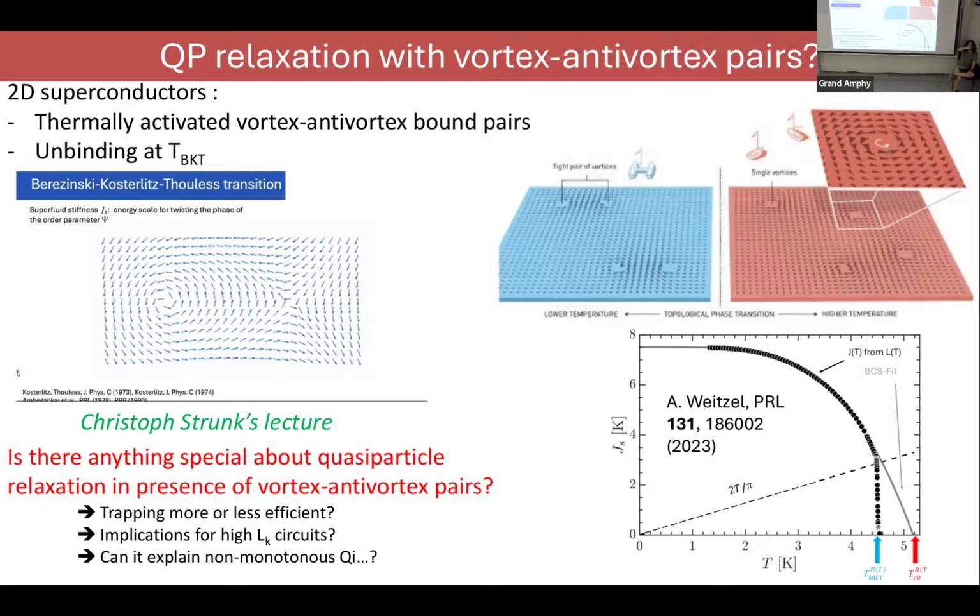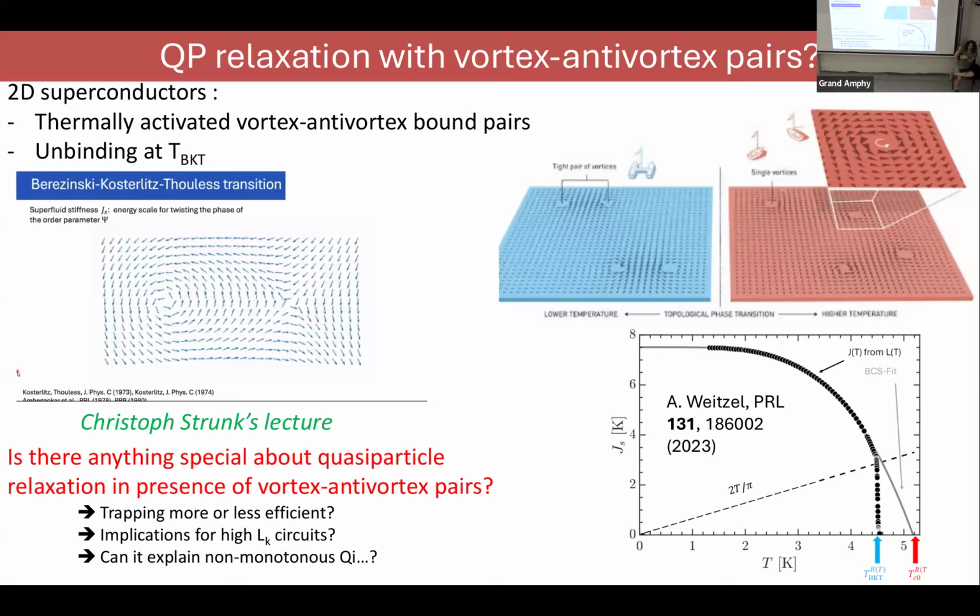But if the vortices can move and they unbind, they give you more dissipation. And actually, even in the qubits themselves, we saw this kind of effect, because probably the pinning is kind of weak, so it's more like a geometric localization in that case. This is relatively thin aluminum, so you add vortices one by one in these paths.